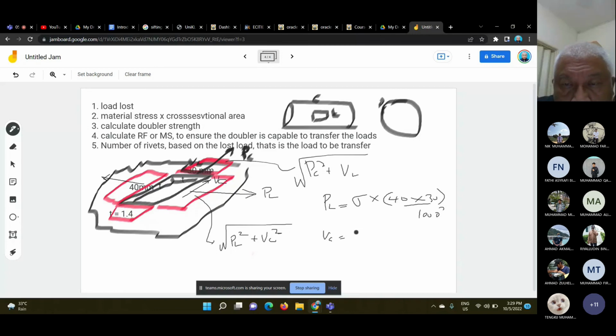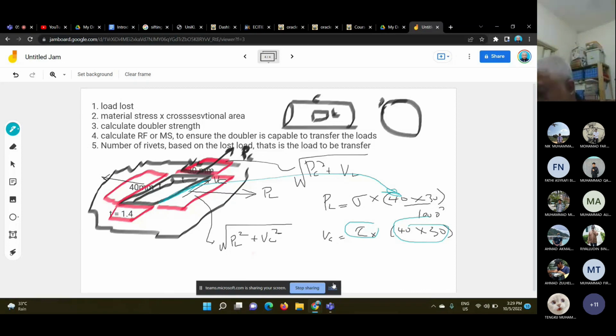Similarly, this is shear stress times 40 times 30, because the area is the same. Tension is perpendicular force over area. Shear, same area, is force parallel to the area. So you get P longitudinal and V circumferential. Okay, can you follow?